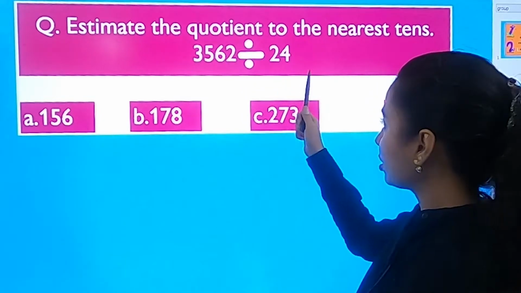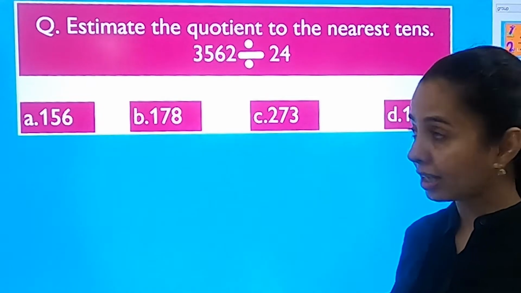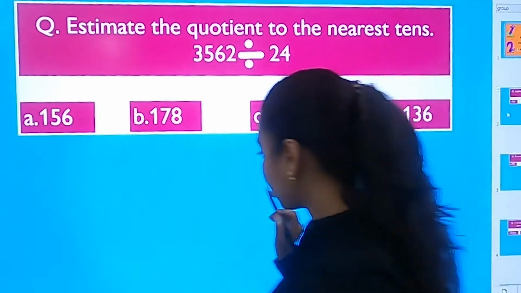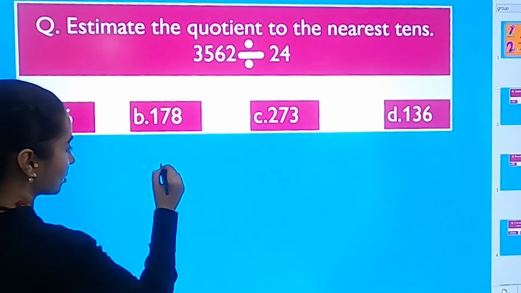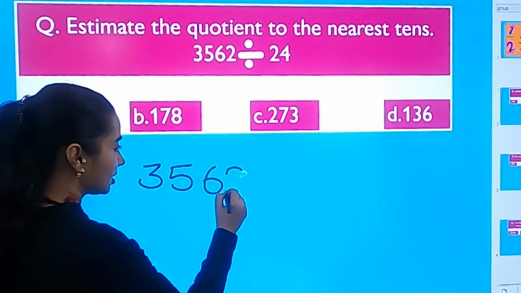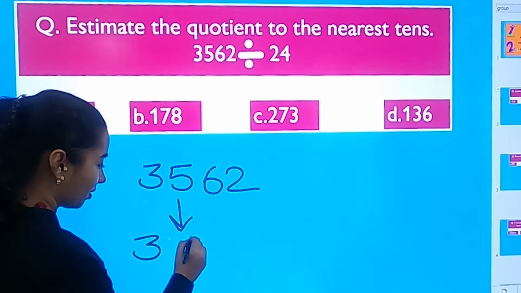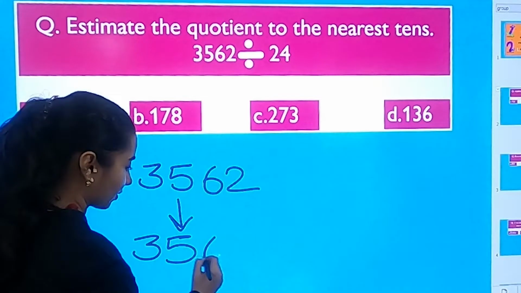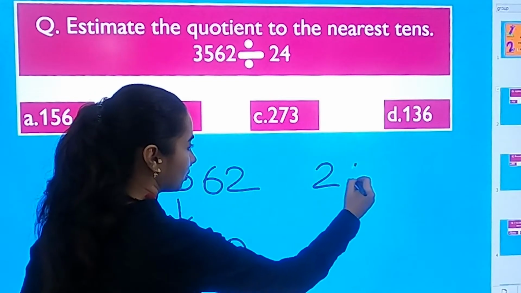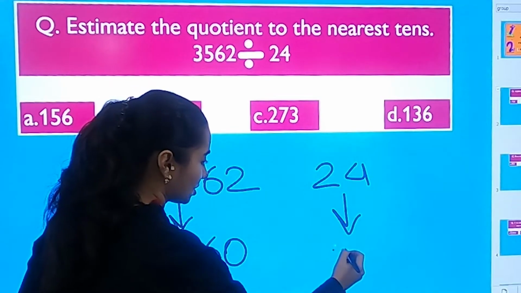3562 divided by 24. We have to calculate the quotient, but before that we have to round off these numbers. So we are already very clear that 3562 when rounded off to nearest tens will give us 3560, and 24 when rounded off to nearest tens will give us 20.